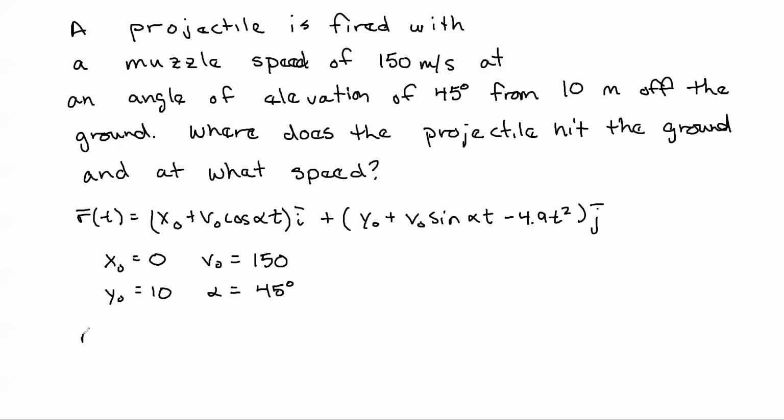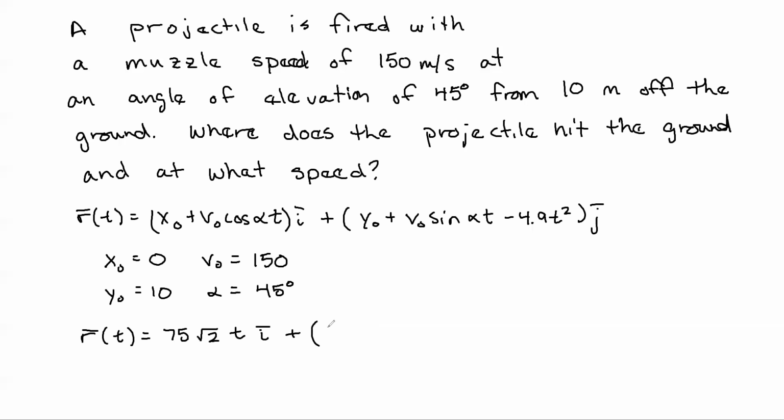So now you can just take all that and plug it in. We have 0 there. We've got 150 times cosine of 45 degrees, which is 75 root 2 t i.